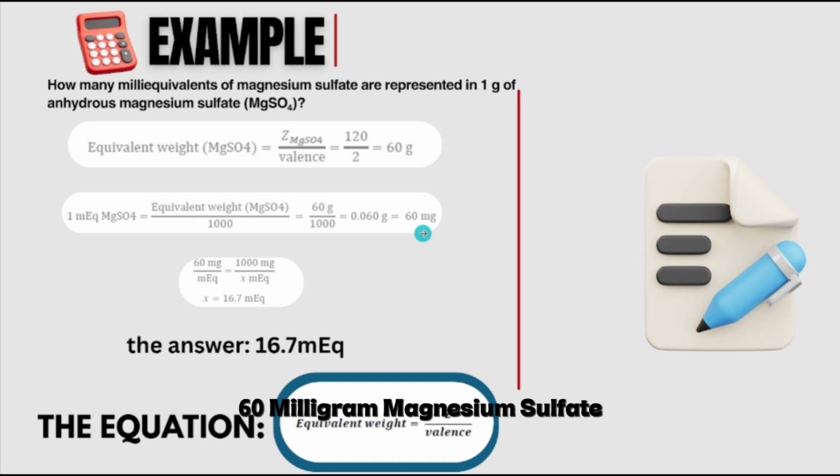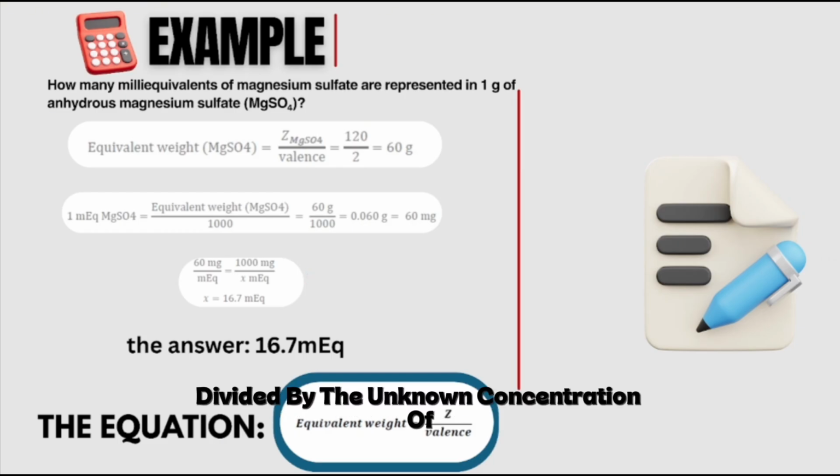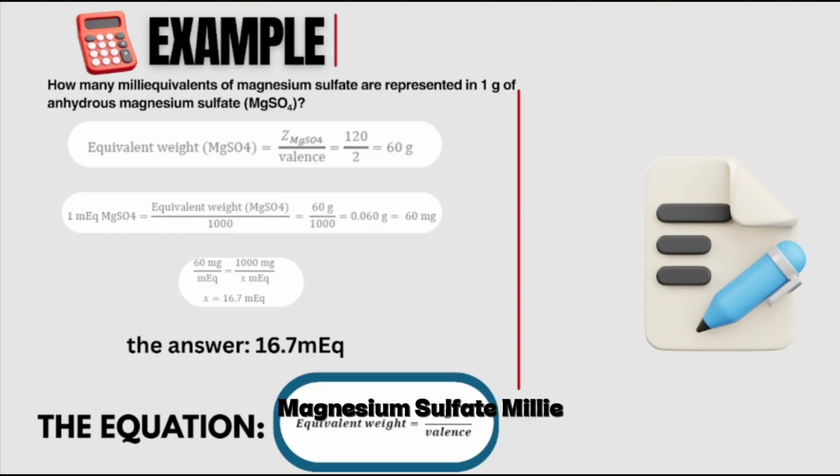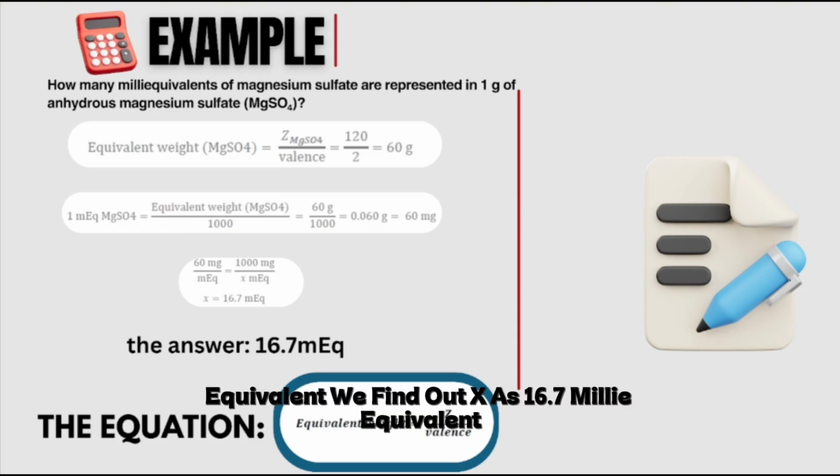So we get 60 milligram magnesium sulfate, which is equal to 1000 milligram divided by the unknown X milliequivalent of magnesium sulfate. We find X as 16.7 milliequivalent.